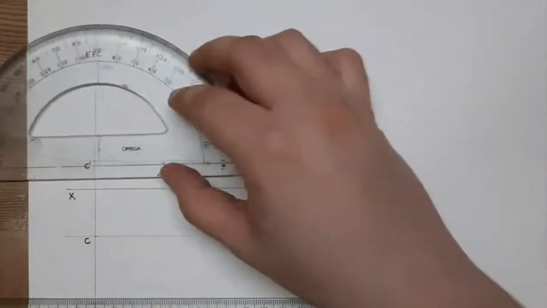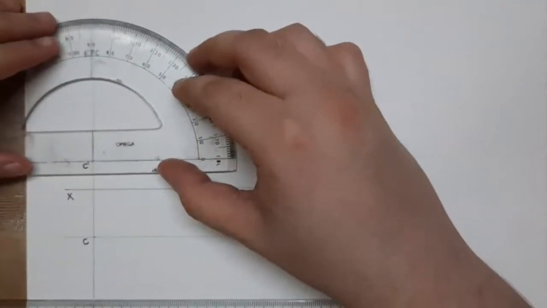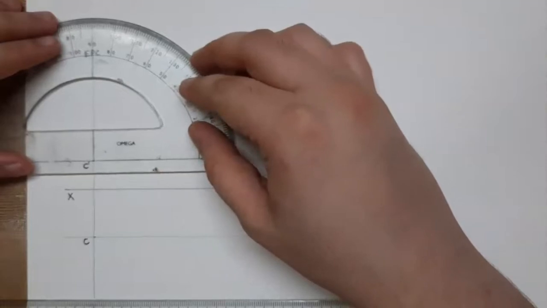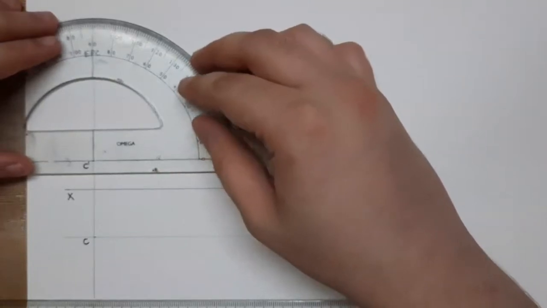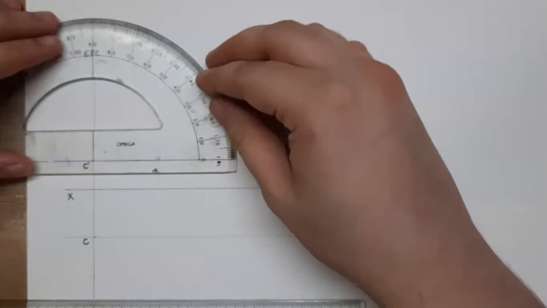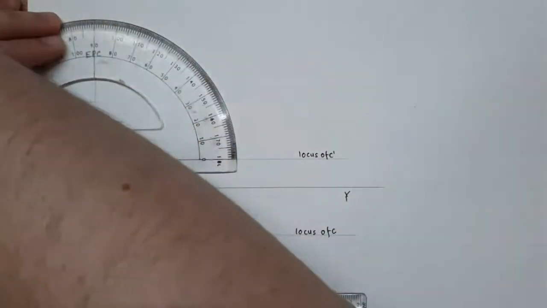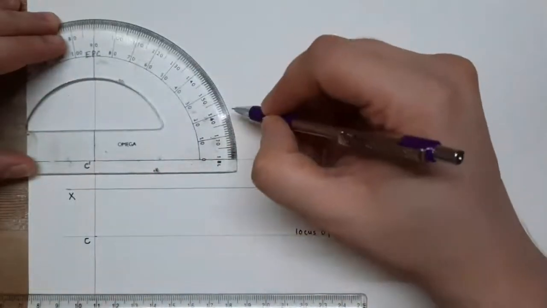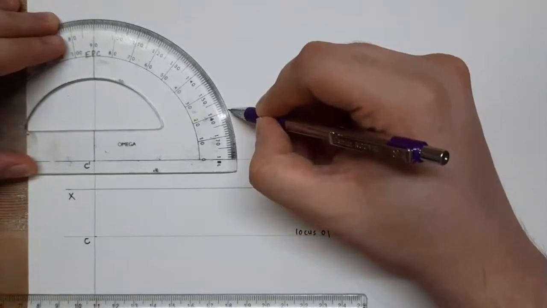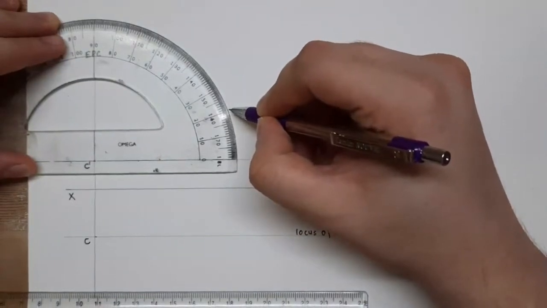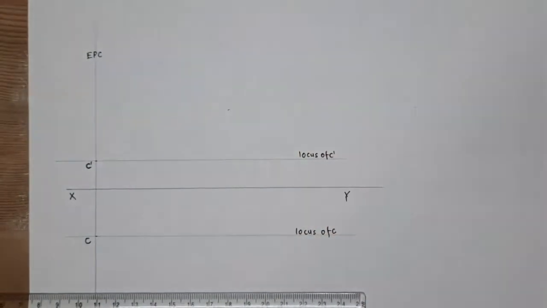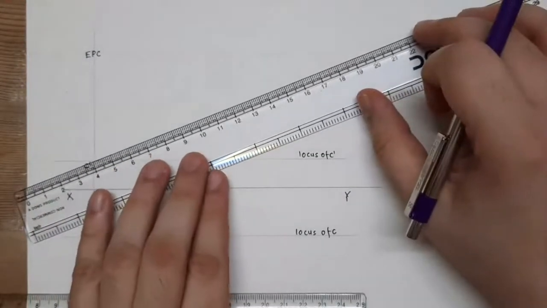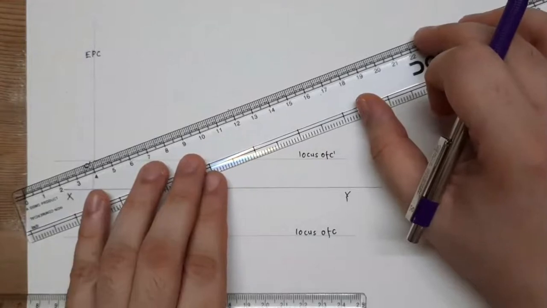So let's take 20 degrees from the C dash point, and we will be taking angles above XY, the reason being that point D is in the second quadrant. So I have marked 20 degrees. Now I will connect these 2 points.